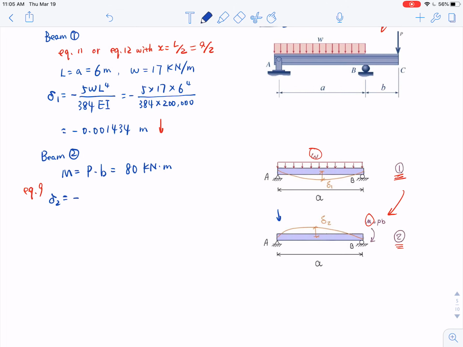Delta 2 can be calculated as negative Mx over 6LEI by 2L square minus 3Lx plus x square. At the middle of the span, x equals 3 meter.